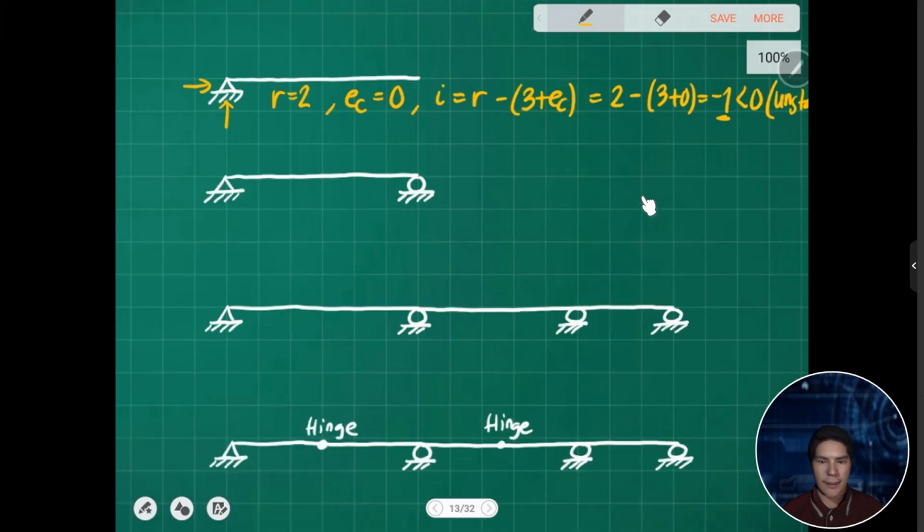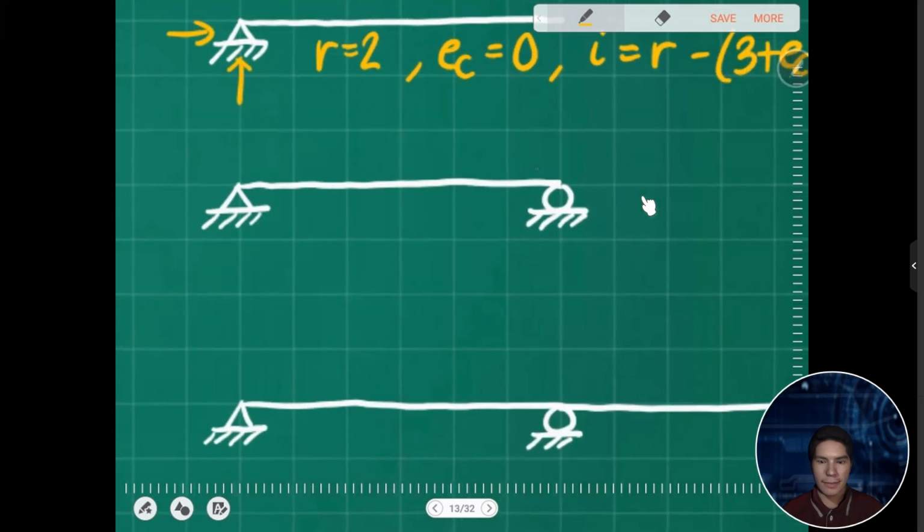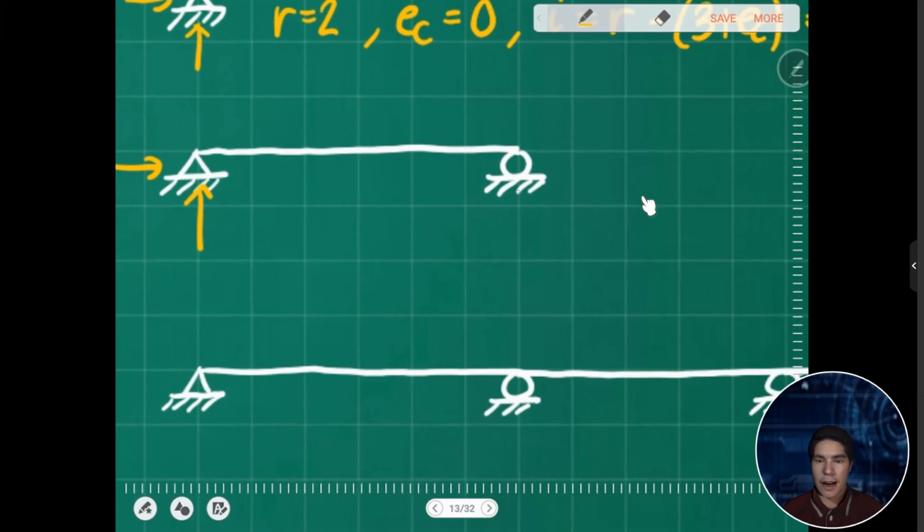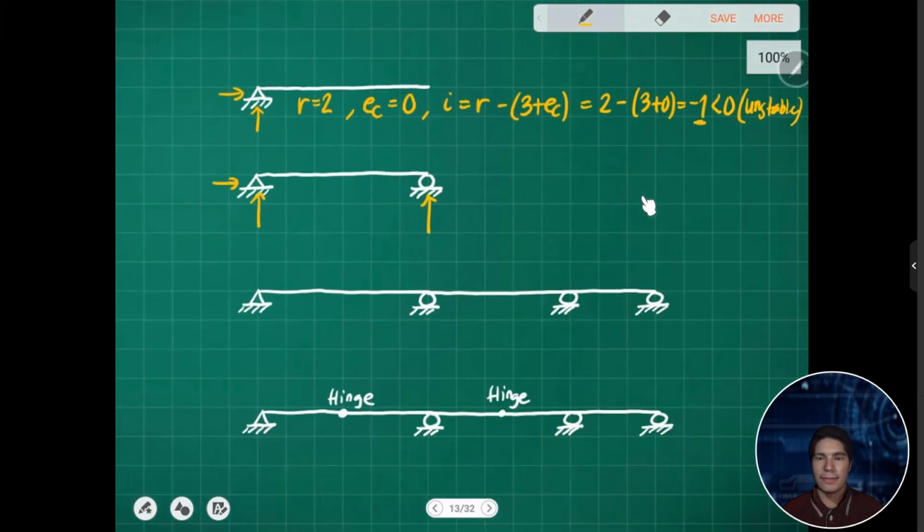So as shown here, for example, again, we have reactions. If we add an additional redundant force caused by the roller support, this structure will become stable and determinate. So let's try to check. The number of reactions, we have 2 plus 1, so we have 3.